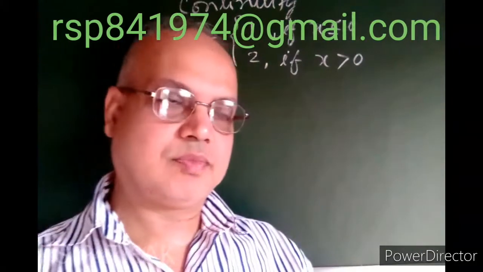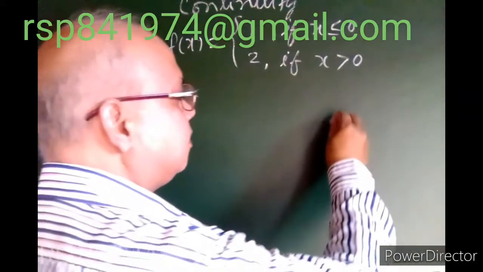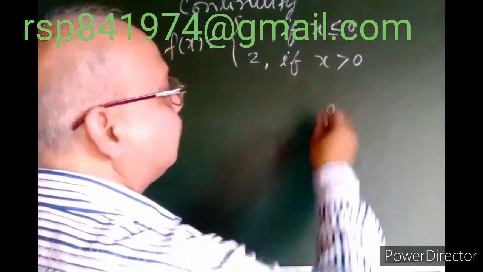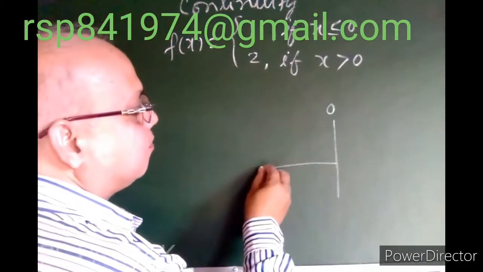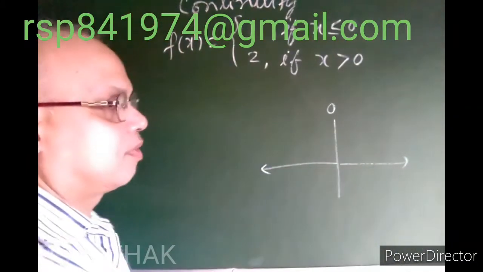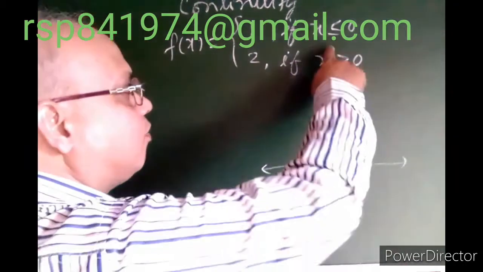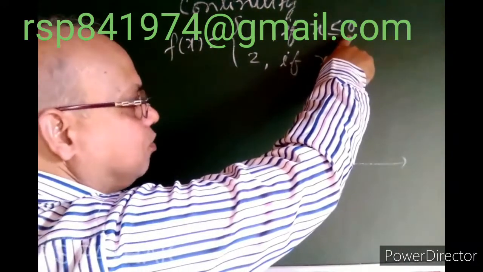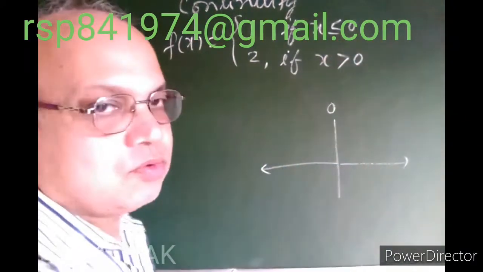Here you can understand 0 as a boundary, on the left hand side and the right hand side. For x less than or equal to 0, 0 will be included.